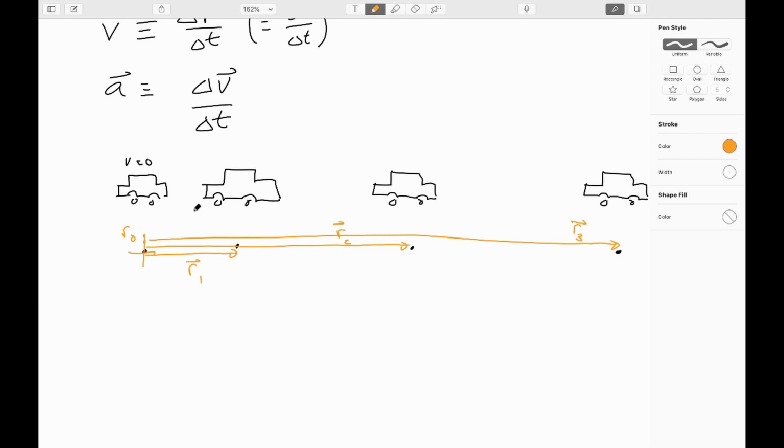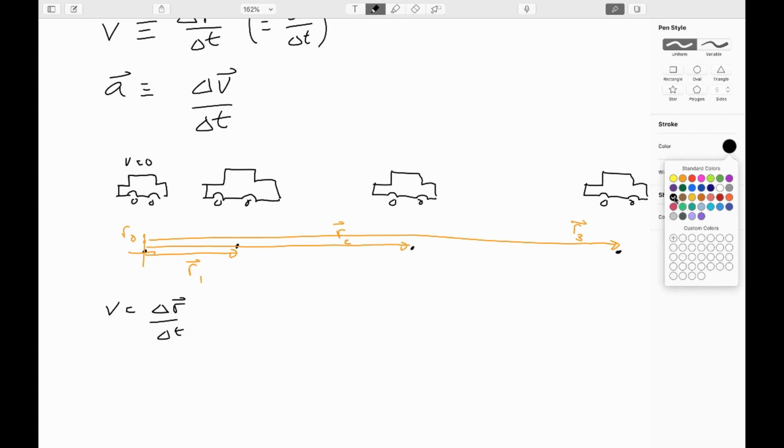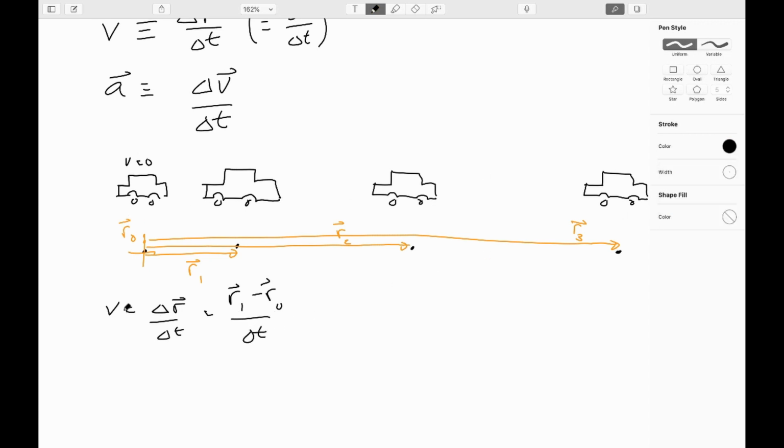So we could find the velocity over this interval, right? We know that the velocity of something is equal to the change in position over the change in time. So for this interval here, this would be r1 minus r0 over delta t.